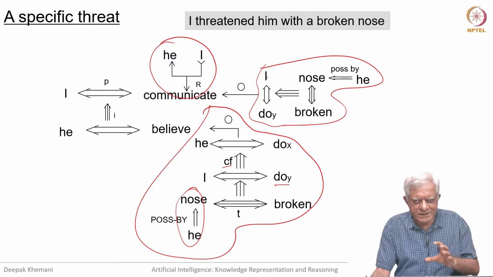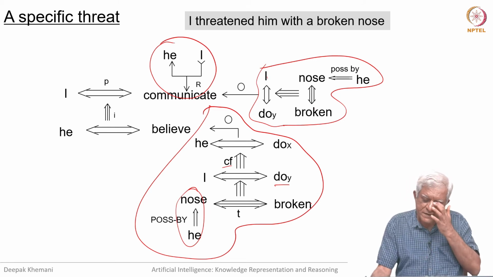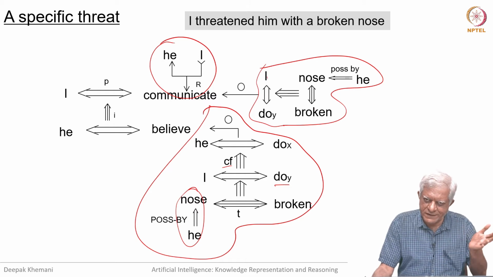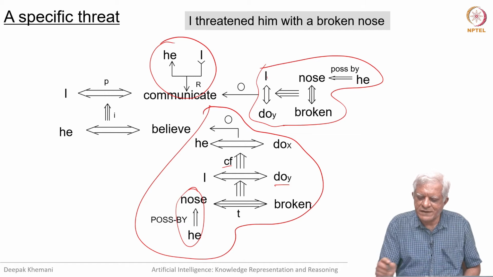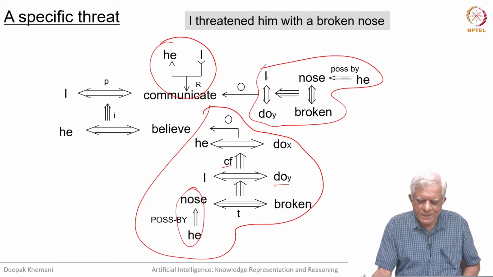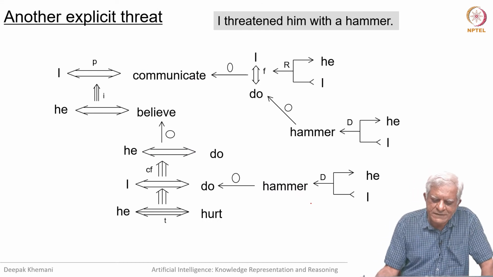So, this is simply the representation of the word threaten filled with some additional information from the sentence, which says that I am the actor and he is the object of my communication, and there is some broken nose involved somewhere, which is a causal relation.